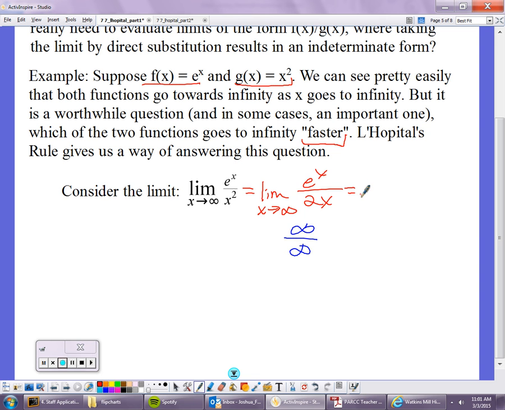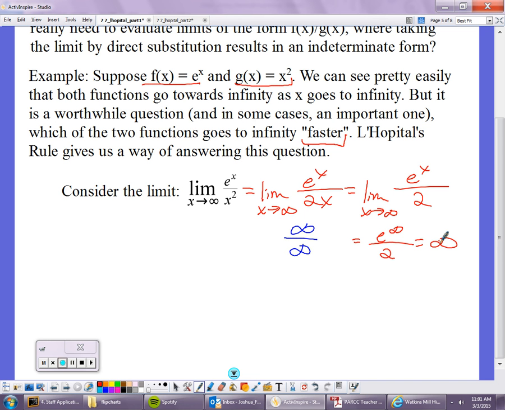I'm just going to do L'Hopital again. I get e to the x over 2. Now, the limit as x goes to infinity, I can take direct substitution: e to the infinity over 2, or infinity over 2, which is just infinity.